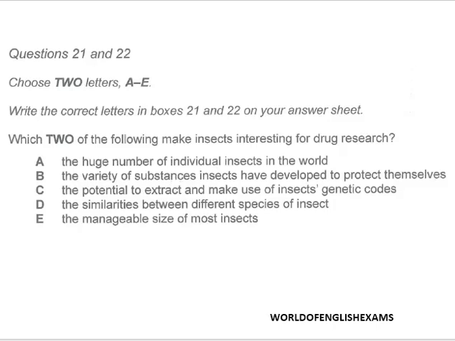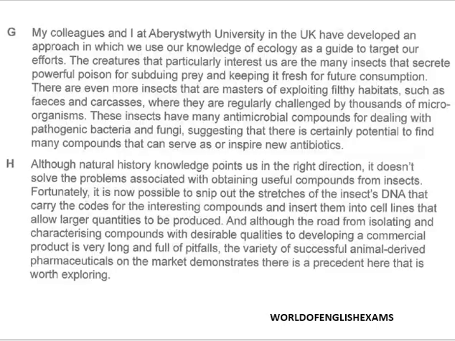So now let's proceed with reading the paragraph for the second answer. So this is one of the important things. And what is the interesting aspect? Development of new antibiotics. So let's read the paragraph further. Although natural history knowledge points us in the right direction, it does not solve the problems associated with obtaining the useful compounds from insects.